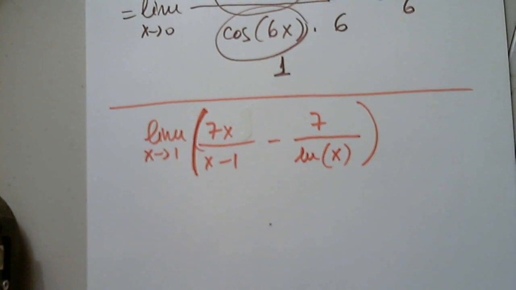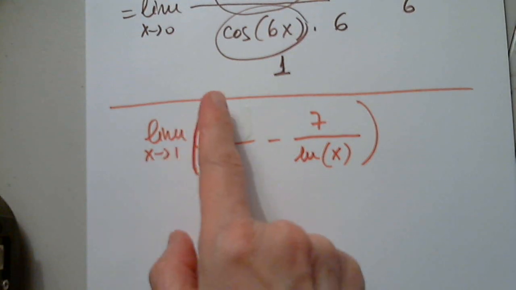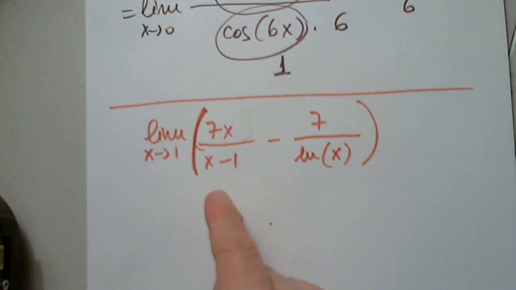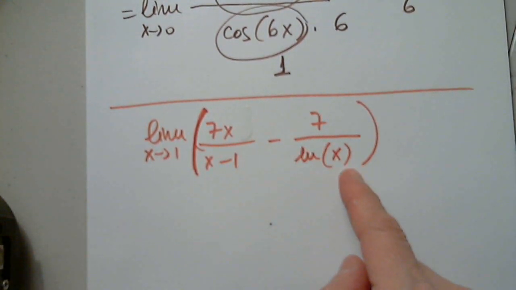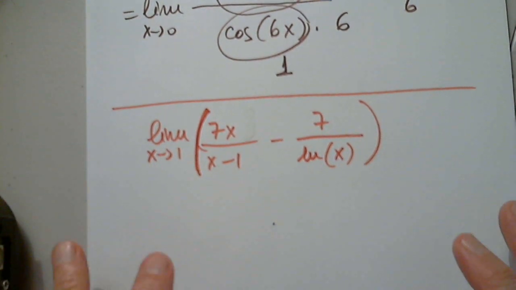Let me read it back: limit as x approaches 1 of 7x over x minus 1 minus 7 over natural log x.